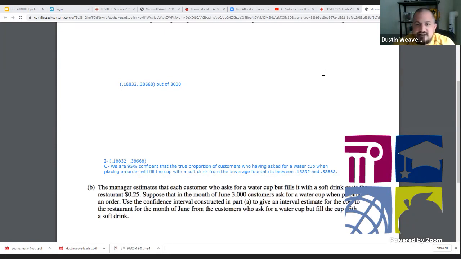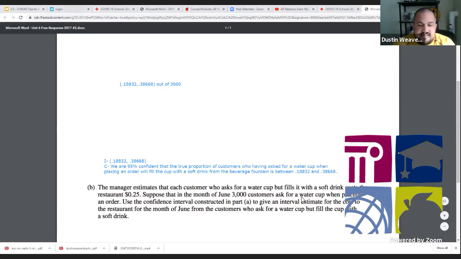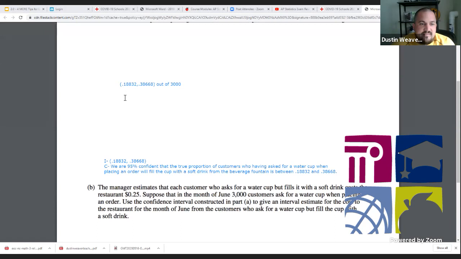So between 565 and 1,160 is how many people we're looking at that will get a beverage when they ask for a water cup. Now, each one of these costs the company 25 cents.